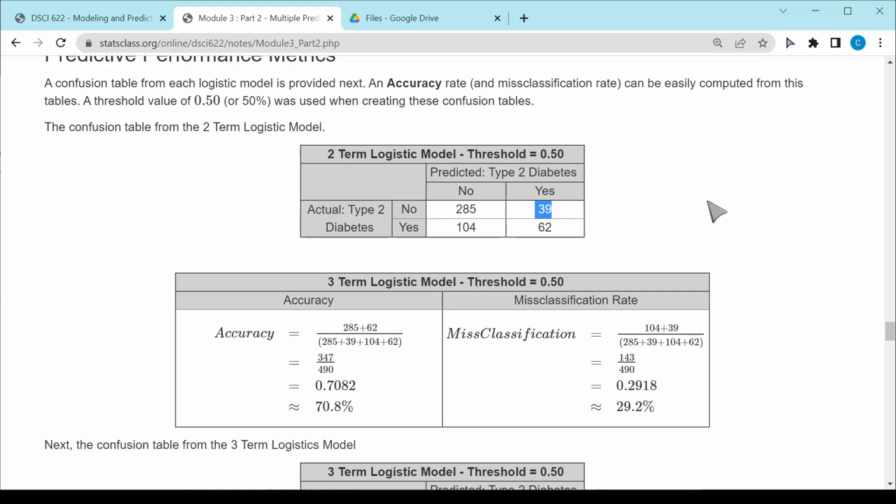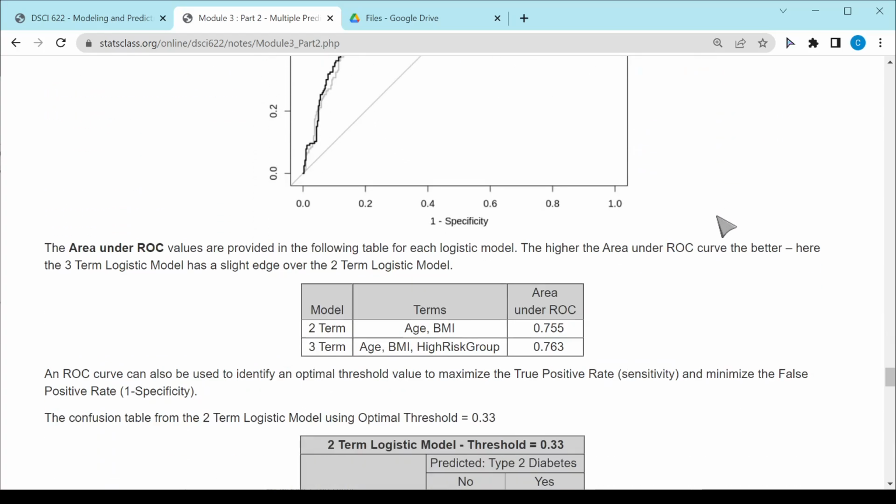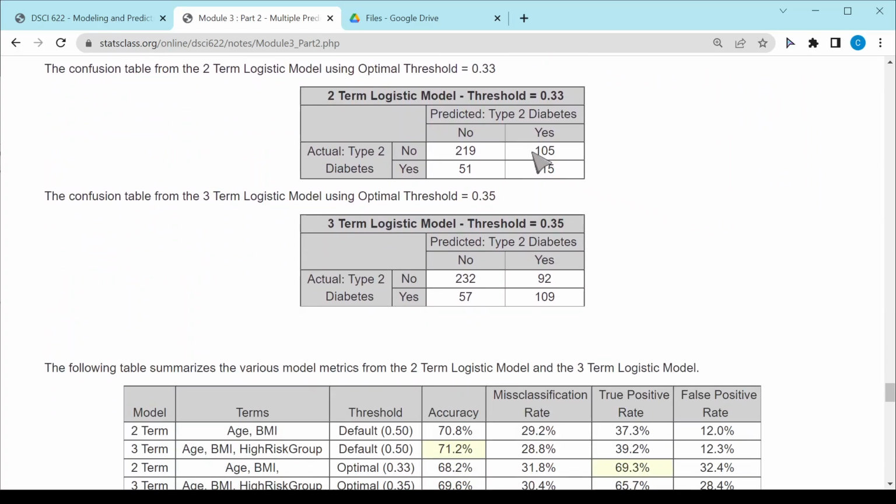So here I have 39 in that cell, and that's jumping up to 105. It's actually jumping up quite a bit. So when I reduce the threshold to 0.33, using this optimal threshold, I do certainly increase my true positive rate, but I'm also increasing my false positive rate.